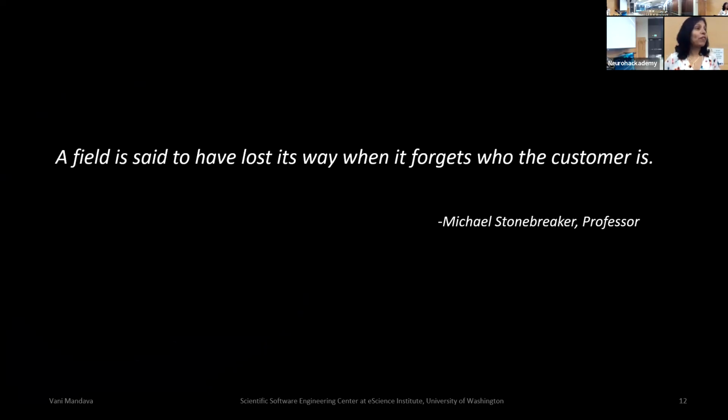So this is a quote from a professor. A field is said to have lost its way when it forgets who the customer is. This is especially true in scientific research because most scientists, especially those building software in academia, are very deep in the areas that they work on, as it should be.